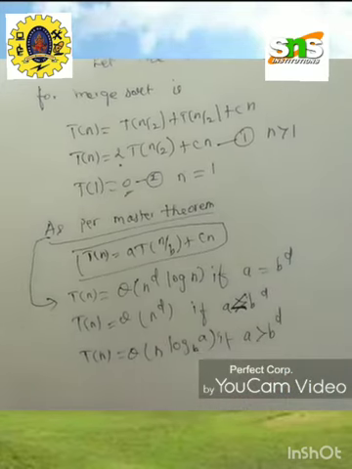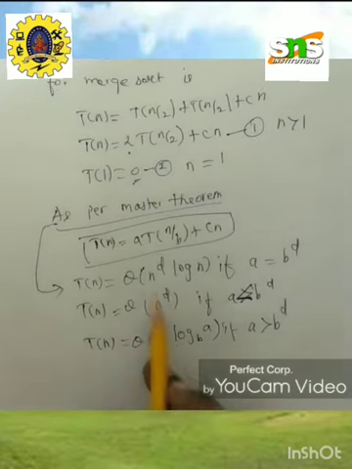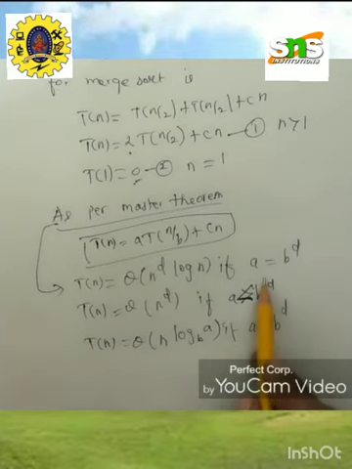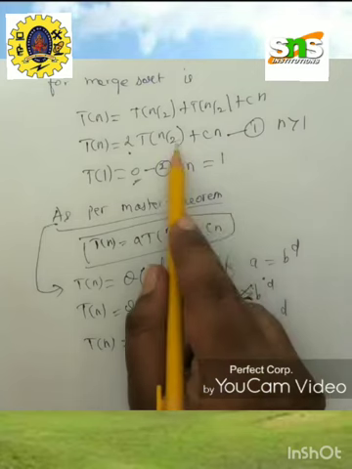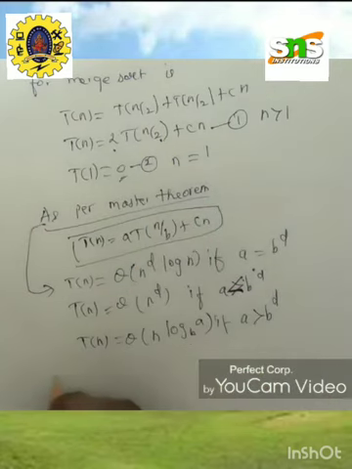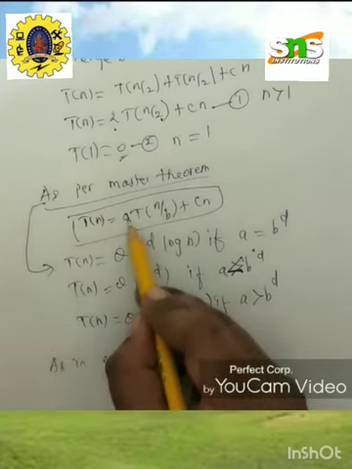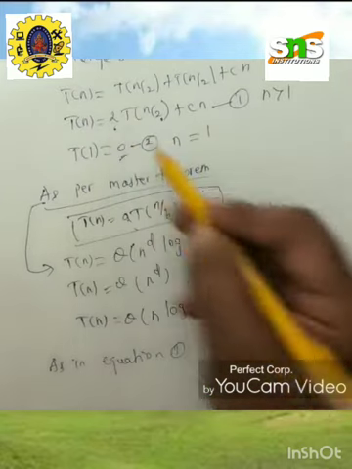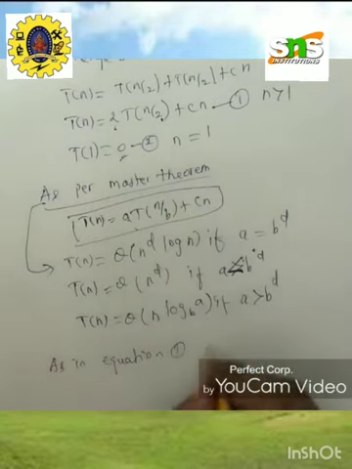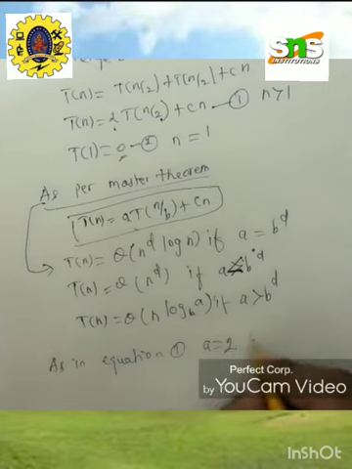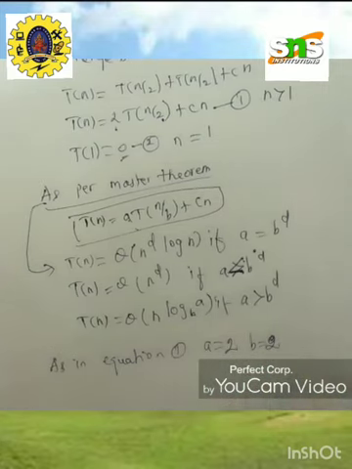Okay, so here we can apply this formula to this recurrence relation. As in equation 1, what are the a and b values? In the a location you have value 2, and in the b location you have value 2. So a is equal to 2 and b is equal to 2. Check which one is suitable for these a and b values.